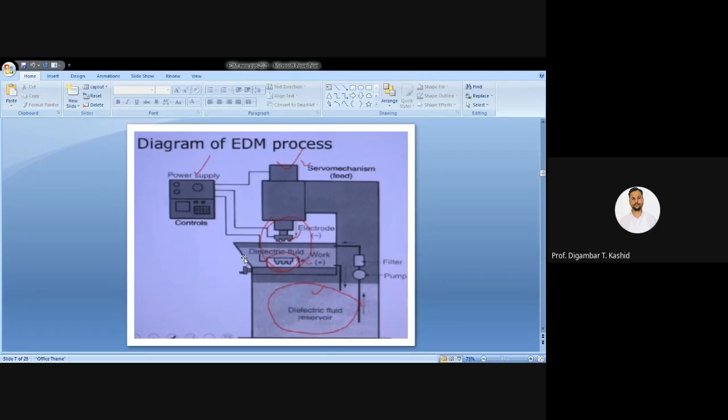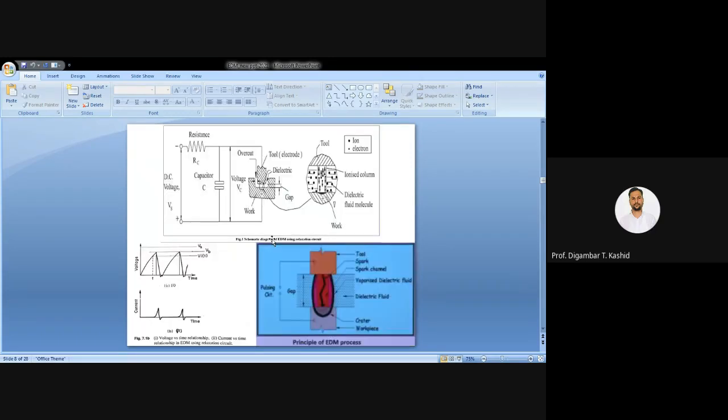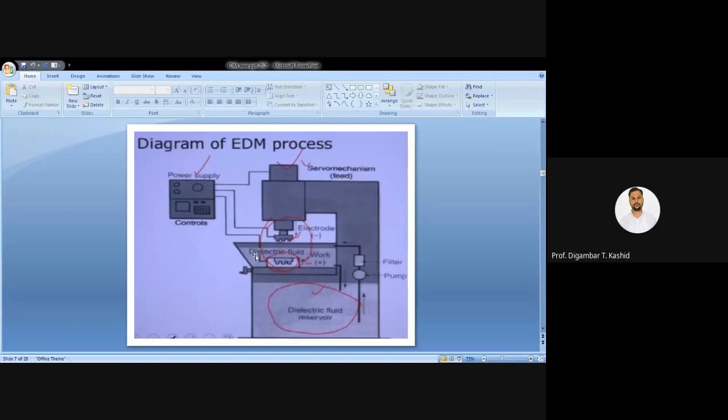Now I will give 2 minutes to draw this diagram. Once again I am repeating, there are only four main components of this EDM process. One is the EDM power supply.